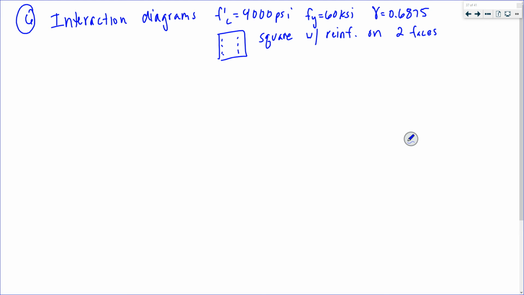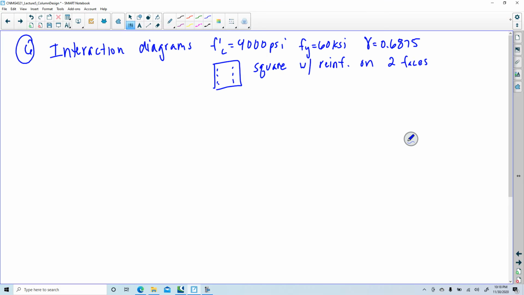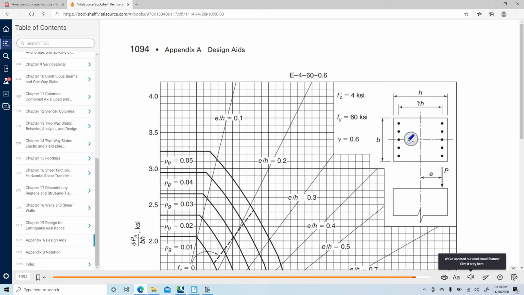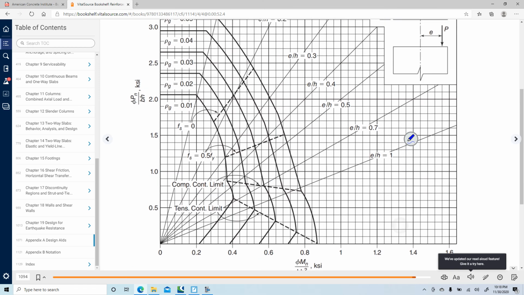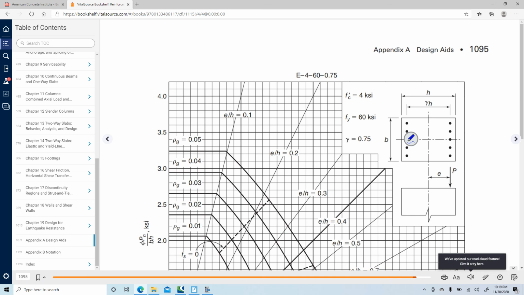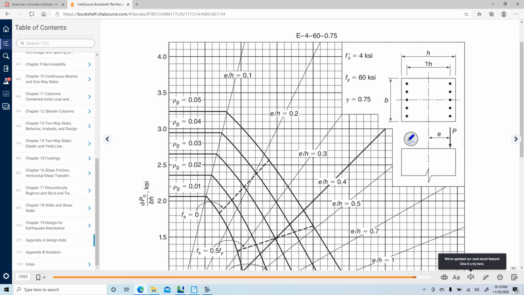I've got to go to the textbook, where these design aids are. Here I have 4 ksi, 60 ksi, and 0.6, and on the next page 4 ksi, 60, and 0.75 gamma.